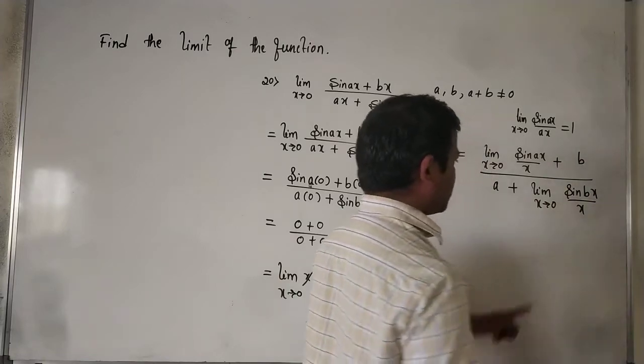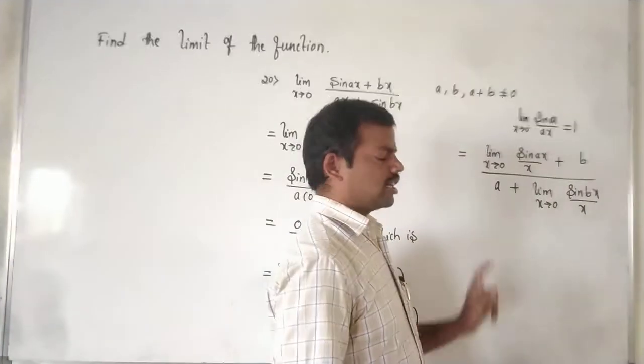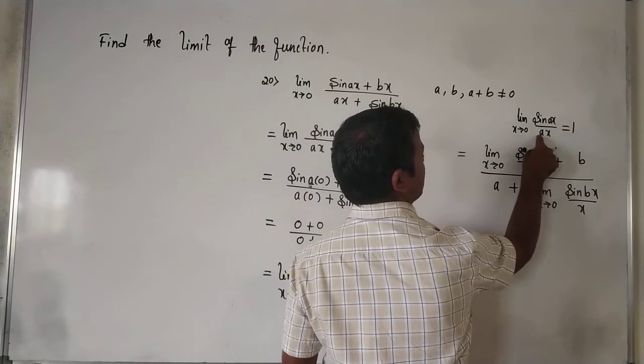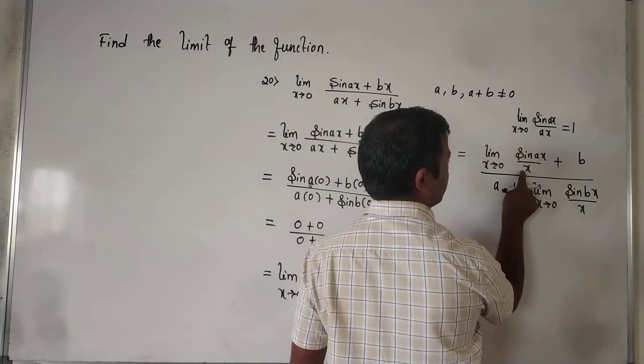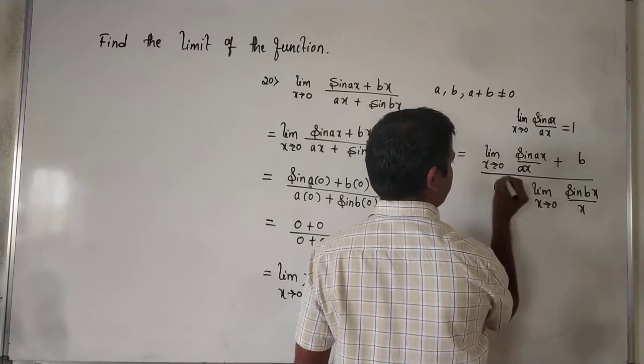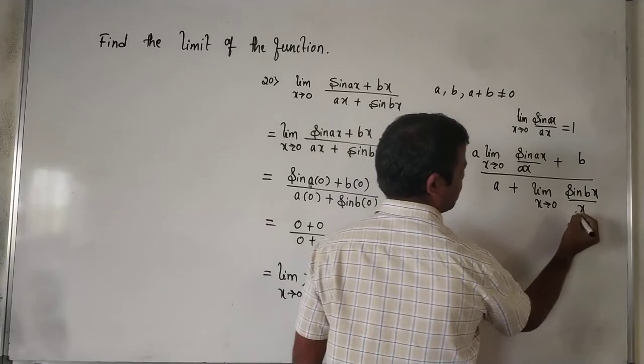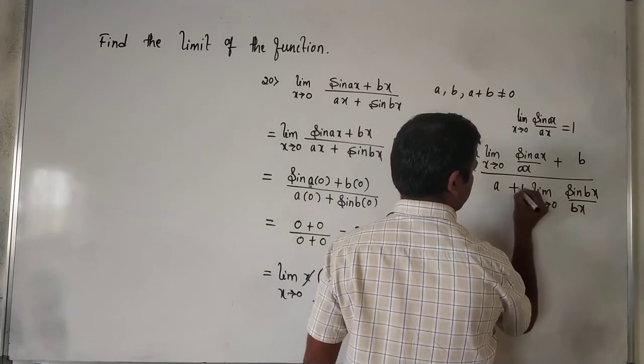Can we now write 1? No, still not, because for sin ax by ax we need a here. So we have to multiply by a, so both get cancelled. Here we need b, so we multiply by b.